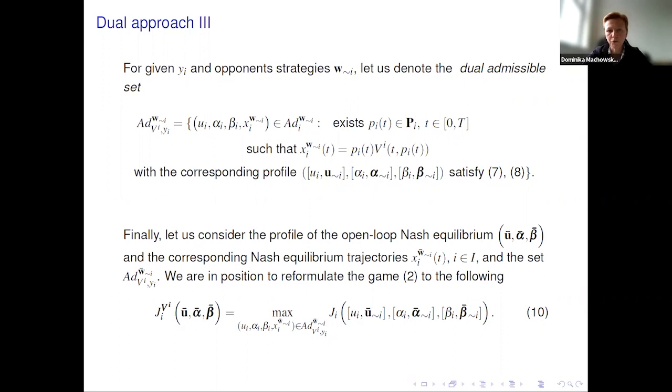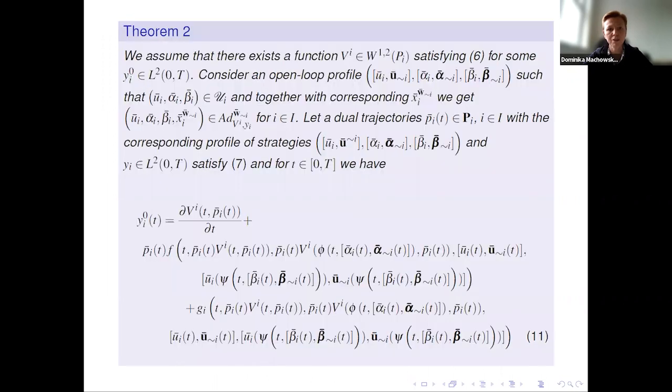And now we analyze the game only in this set. So we are looking for the OpenLoop equilibrium in the set AD with these different subscripts, and the game is defined in 10. And for this game, we are now able to define the sufficient conditions.